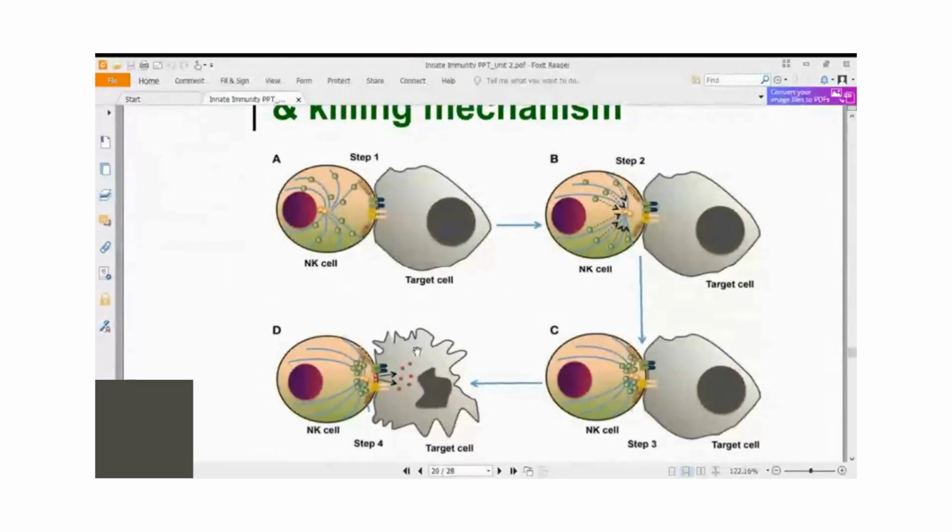As I had mentioned, NK cells are responsible for inflammatory response because they secrete inflammatory cytokines like interferon gamma and TNF alpha. The same type of cytokines are secreted even by the gamma delta T cells when they attack the cell that is infected with bacteria or virus.